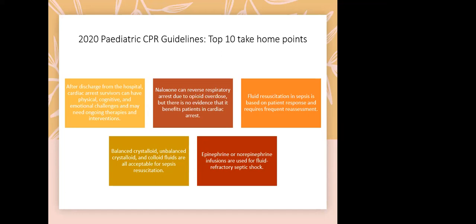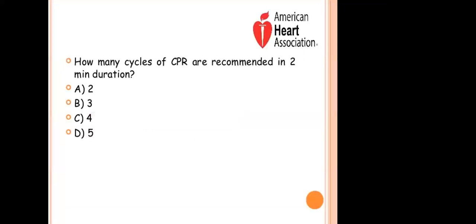Balanced crystalloid, unbalanced crystalloid, or colloid fluids, any fluid that is readily available to you, is acceptable for resuscitation in patients with sepsis. Adrenaline infusions are useful, especially if you have a dilated IVC and you realize that this patient is being fully fluid resuscitated. Adrenaline infusion comes in handy.